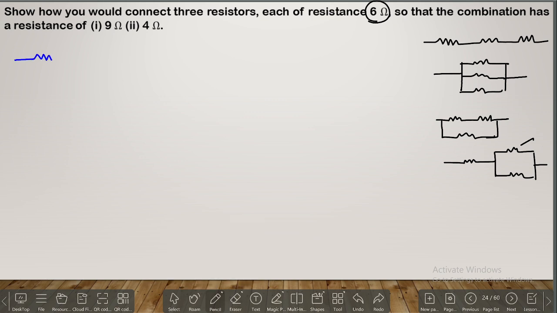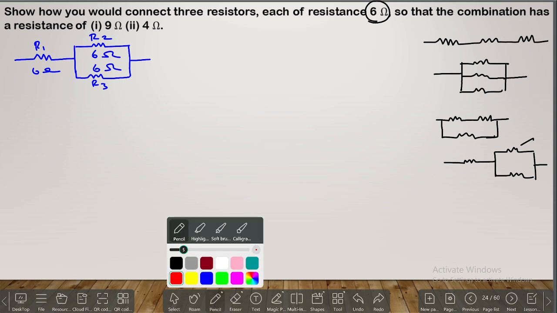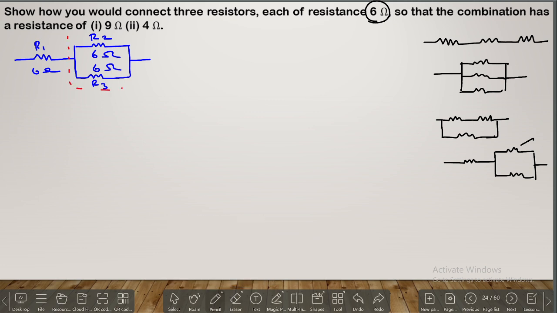Now R1, R2, R3. What is the value of R1? 6 ohm, R2 6 ohm, and R3 also is 6 ohm. First we need to complete the network which is in the form of a parallel combination.